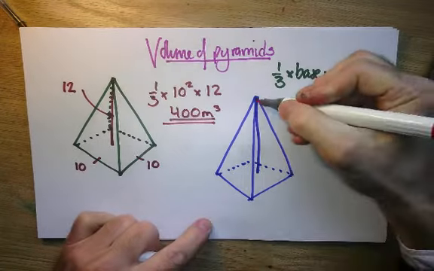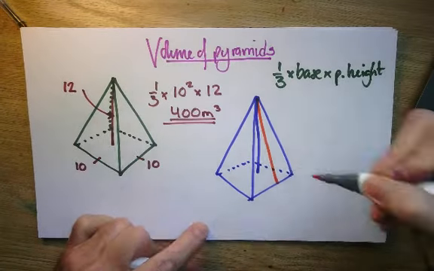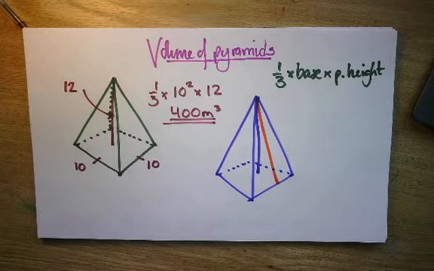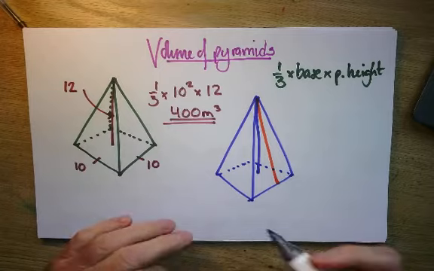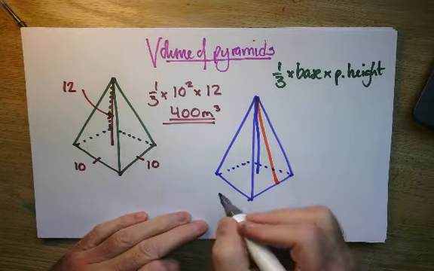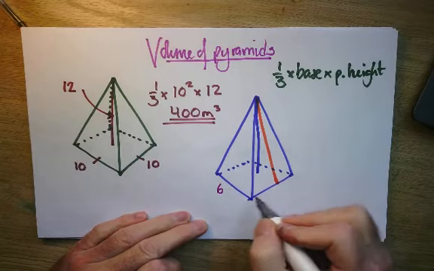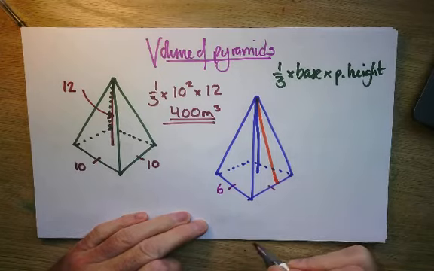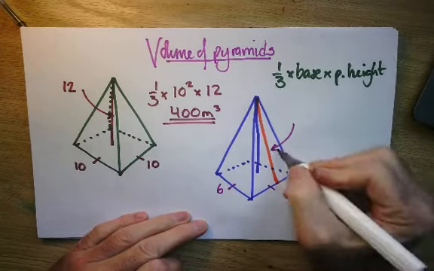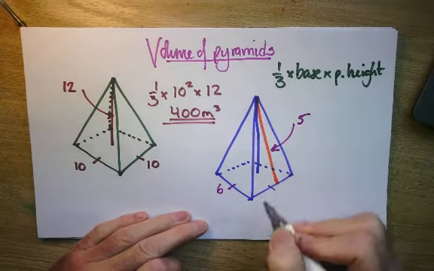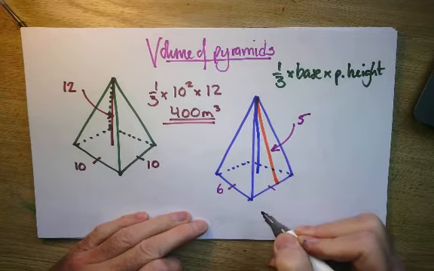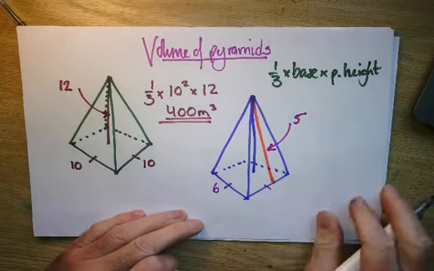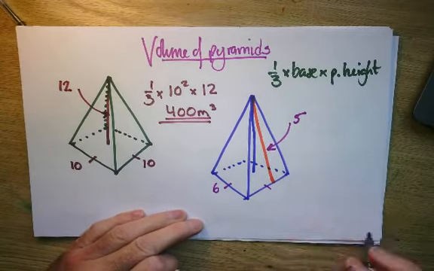So the slant height would be that slant height there. So we might know that, and if this square is, let's say, 6, and this slant height is 5, then can I work out what the perpendicular height is?